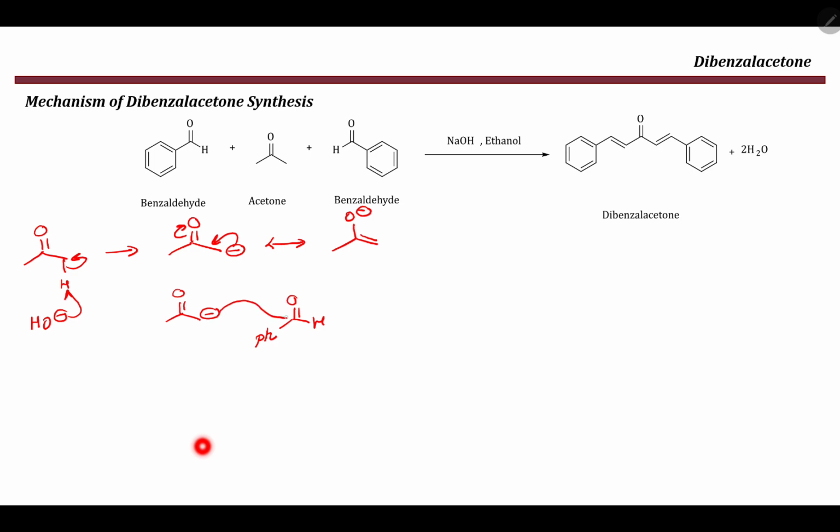So the negative charge or the lone pair attacks here. This goes up, and this leads to the formation of this intermediate. So we have a phenyl, we have O minus here, a hydrogen, and a phenyl.